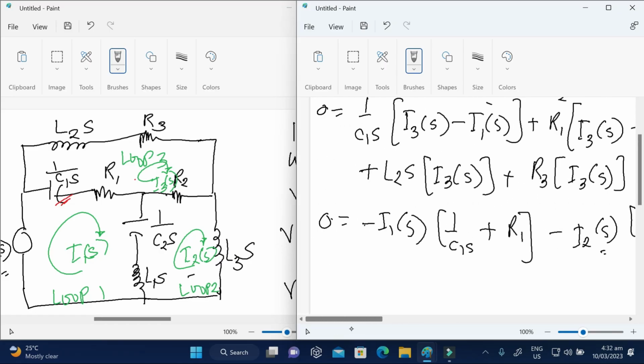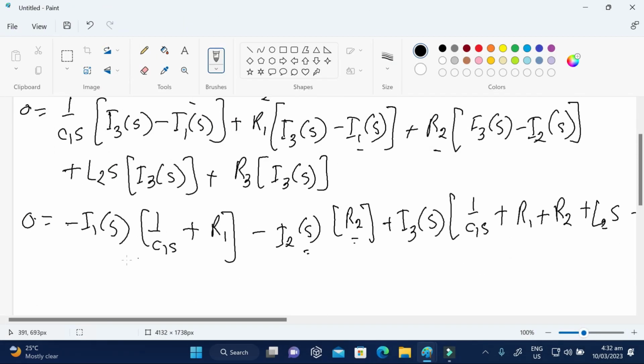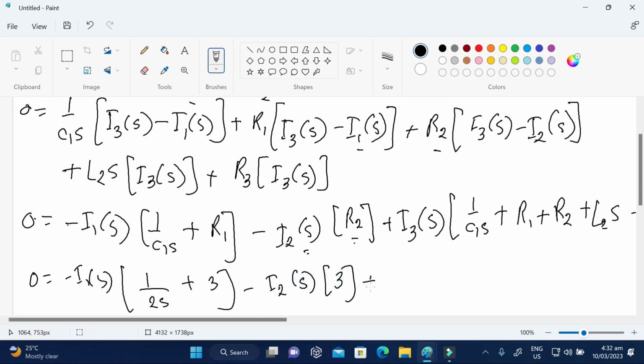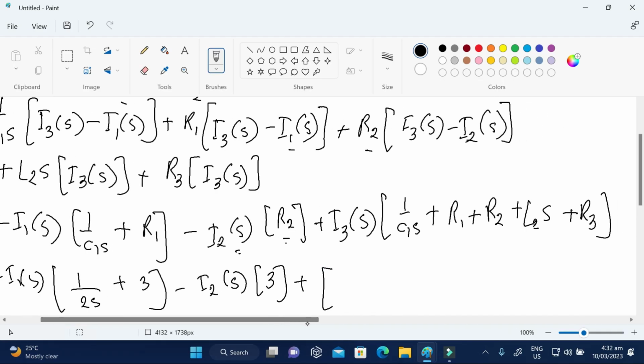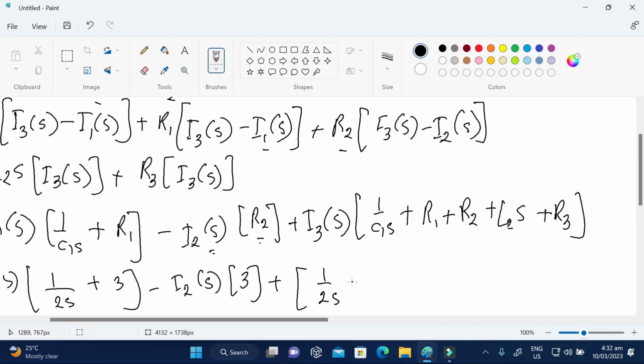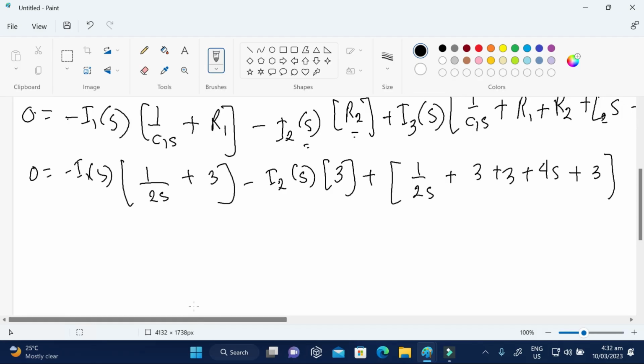Okay. So, simplifying this, we have 0 is equal to negative I1S multiplied by, ang C2 ay 2S, C1 is, ang R natin is 3, minus I2S. Ang R2 is 3 plus ito ay 1 over 2S plus 3 plus 3 plus 4S plus 3. Okay na? Yan. Then further simplification.